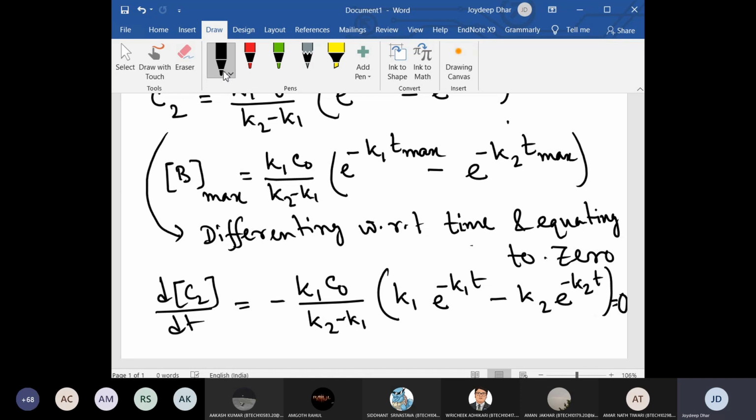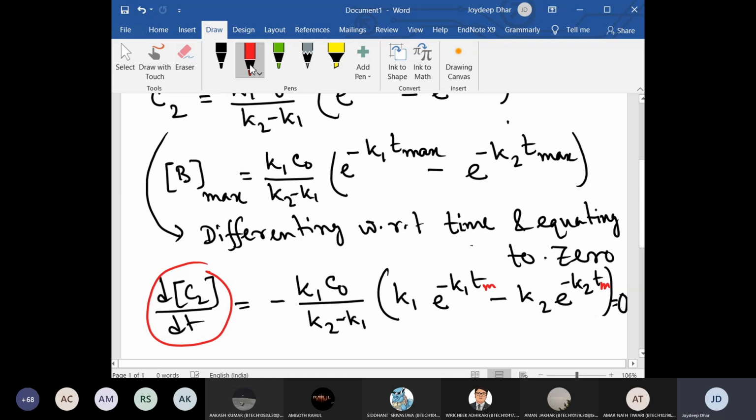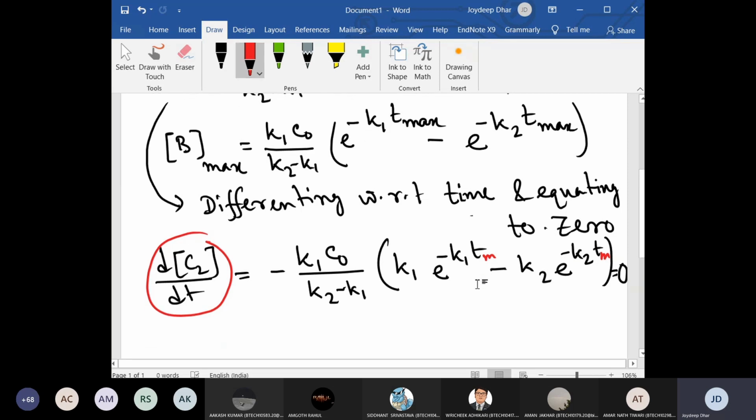And I told this, when it is equal to 0, I can say there t max. This first derivative is equal to 0 when time is maximum time. Maximum time means B is at maximum, that's why I told time is maximum. Now from the equation you have to rearrange.